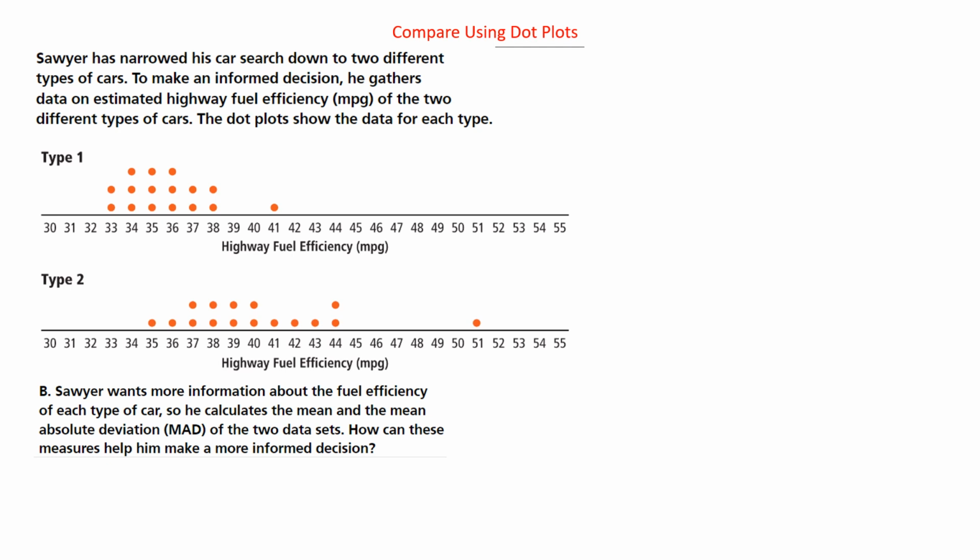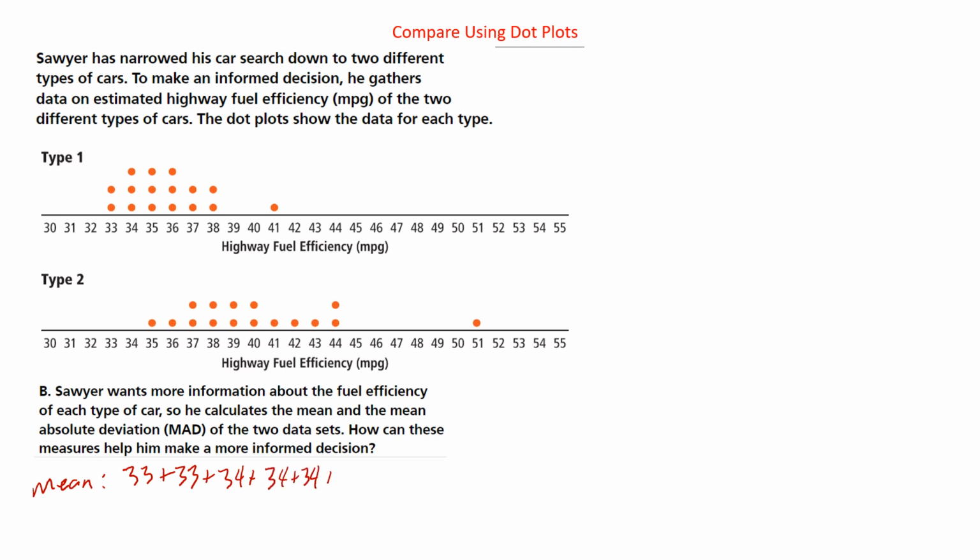Now, the mean is what we generally think of when we think of average. It's the measure of center like all the rest. It's where we just add them all up and divide by the total number. So if we were going to find the mean of type 1, we're going to add up the different numbers. So we have a couple 33s plus a couple 34s.